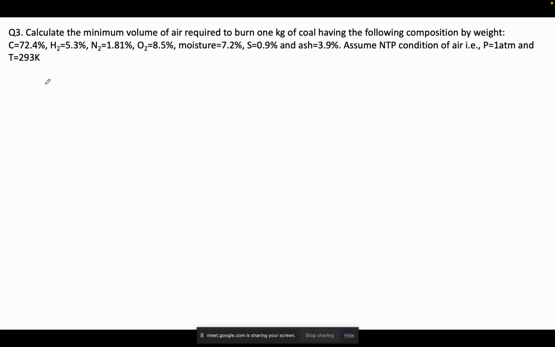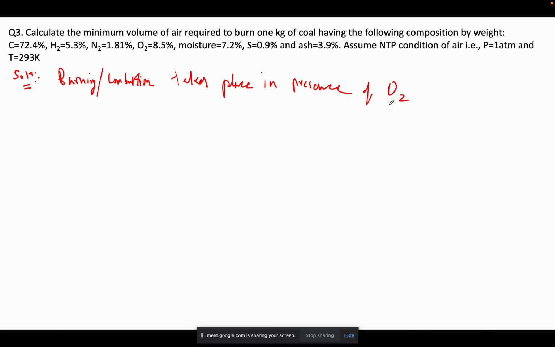Okay, so first of all, we know that burning or combustion takes place in presence of oxygen. Okay, so let us check how many.